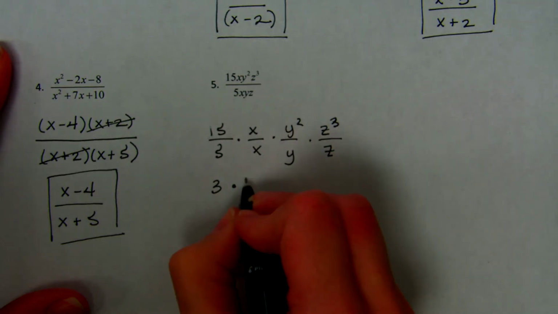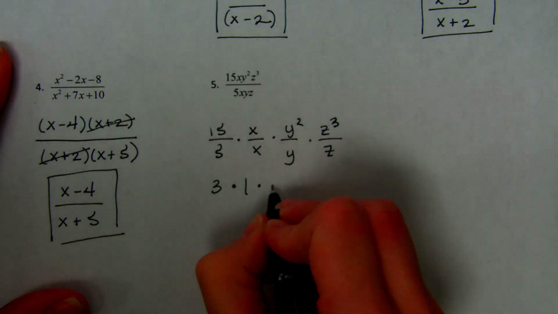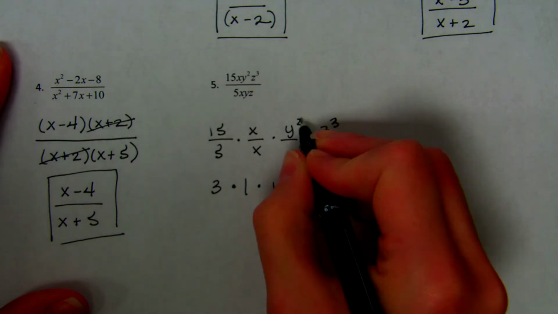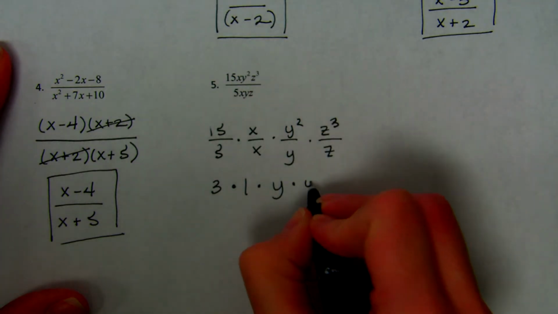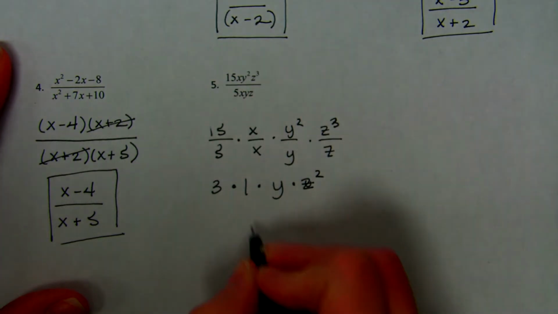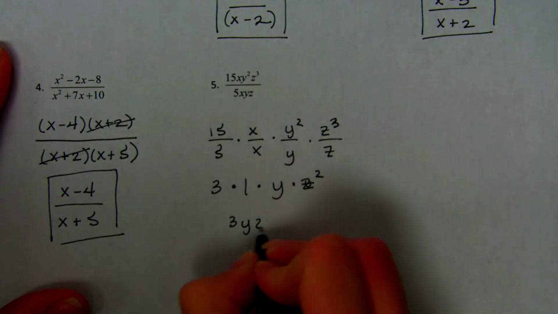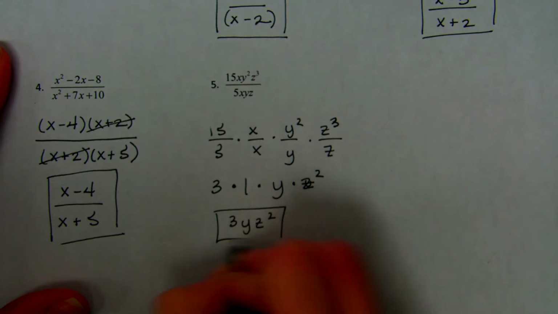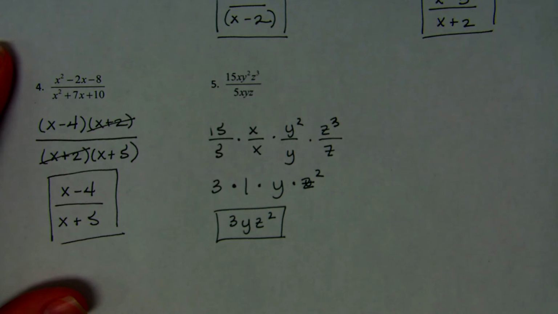X over x is 1. Y squared divided by y is y. And this is z squared. So this is 3yz squared. And remember, that's something we did with properties of exponents. It's just a reminder there. So that's simplification. Now let's talk about multiplication.